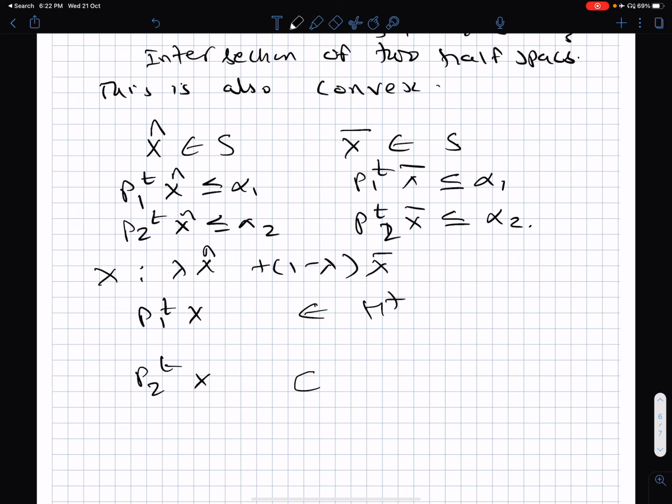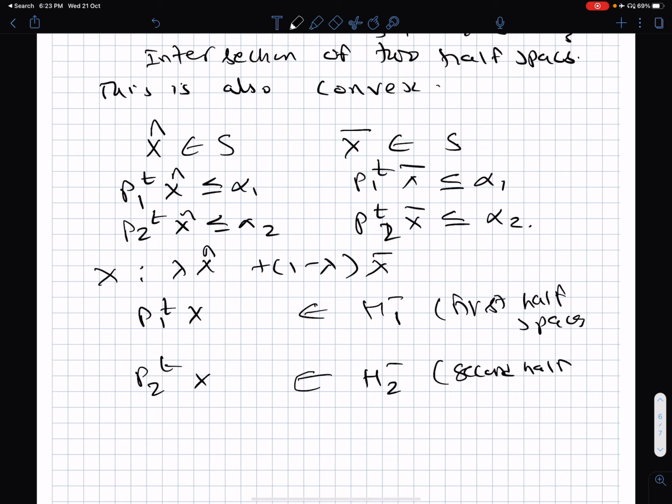Similarly, you can show that P2 transpose x is also less than or equal to alpha 2, so it belongs to the second half space.